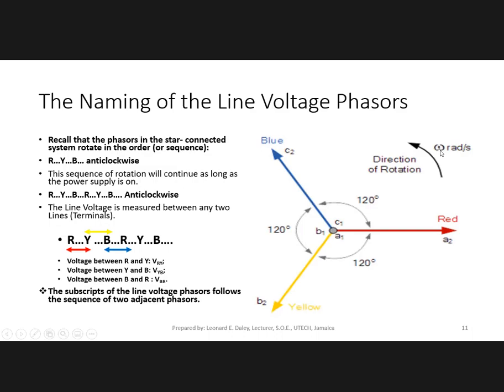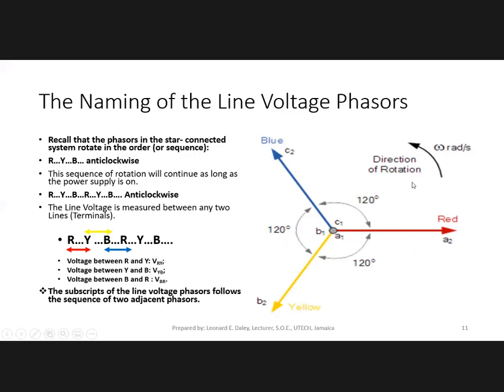Now, if you're standing where omega is, your eyes are here and you're looking straight across, the first thing you will see coming up is the red spoke. Then coming up behind it would be the yellow spoke, and then after that the blue spoke. So just picture that going.